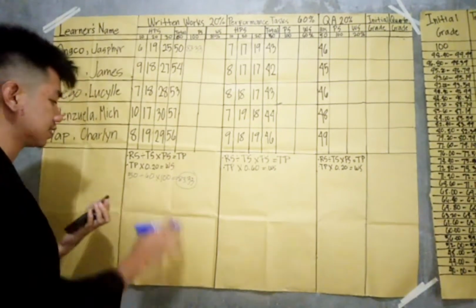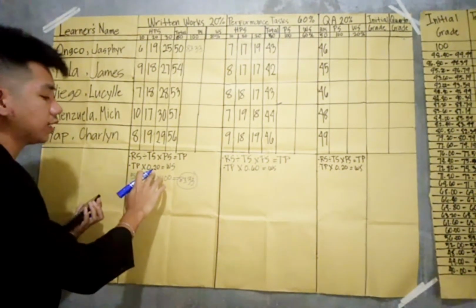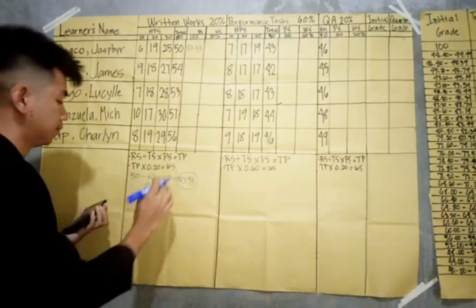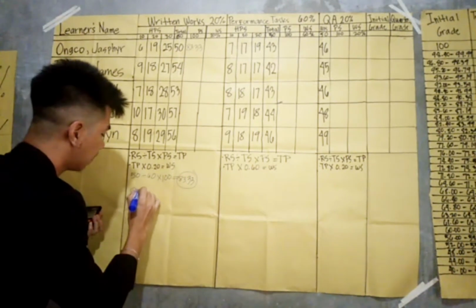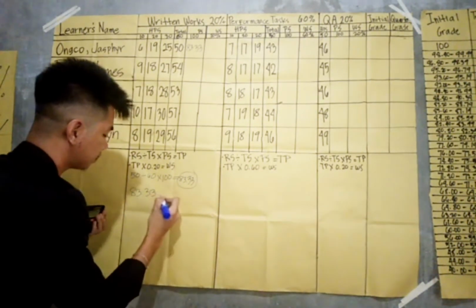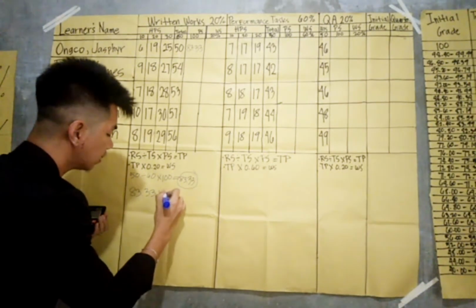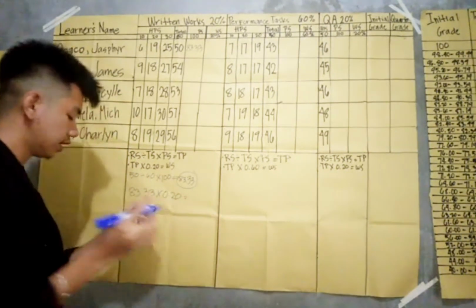So this is the process: the total percentage score multiplied by 0.20 equals the weighted score. The total percentage score is 83.33, multiplied by 0.20.